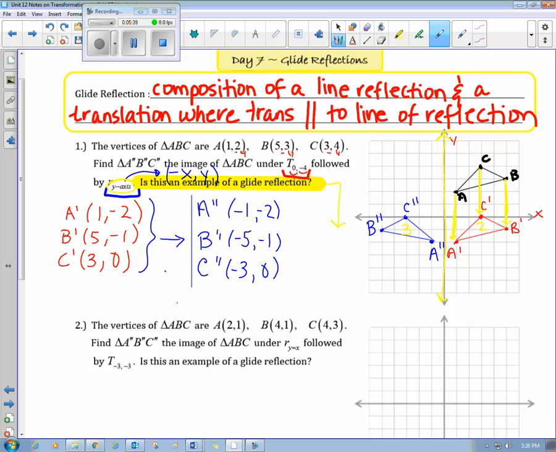So would you say that the y-axis and the A line and C line and B line are parallel to each other? I would. They're all going the same way. So because they are, I say yes. So yes, because the translation is parallel to the line of reflection.